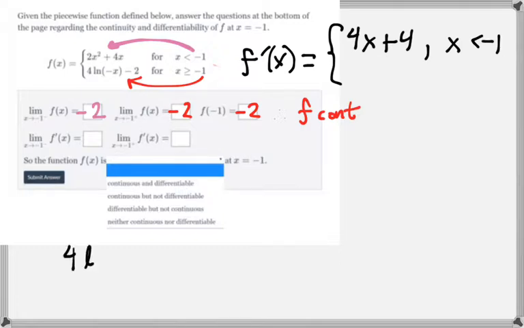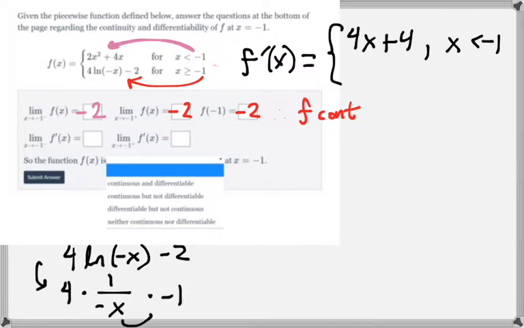It says 4 ln of -x minus 2. So the derivative of that, well, 4 is a coefficient, so just bring that. Derivative of ln is 1 over the argument times the derivative of the argument. So times the derivative of -x, which is -1. The derivative of -2, by the way, vanishes because it's a constant, so that's plus 0.